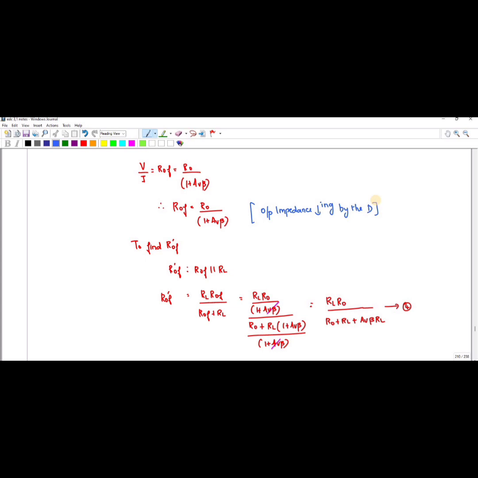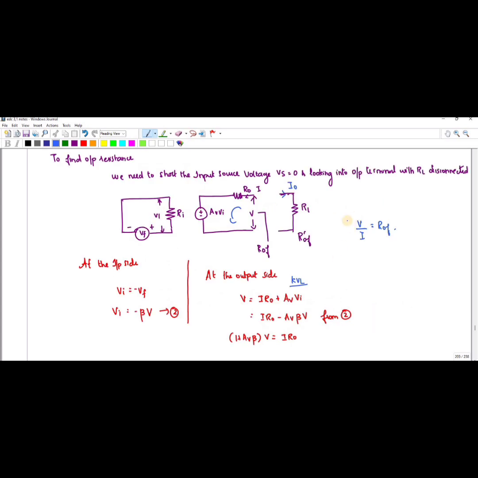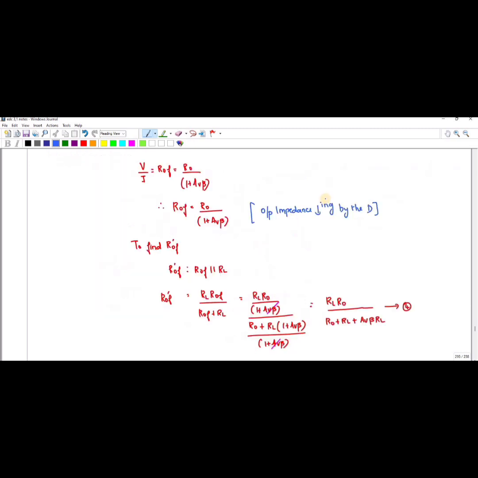In order to find R0f bar, you can see the diagram. R0f bar is equal to R0f in parallel with RL. If I apply this formula, I will get RL R0f divided by R0f plus RL. Substitute the 7th equation in the 8th, and the denominators get cancelled out, and I will get RL R0 divided by R0 plus RL plus Av beta RL.